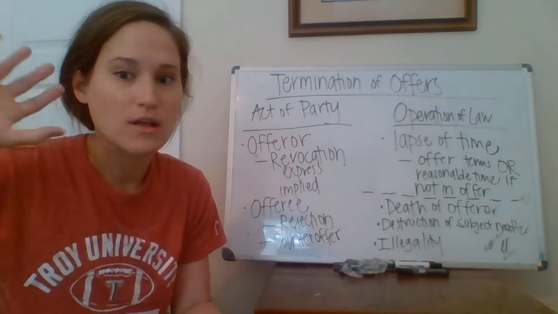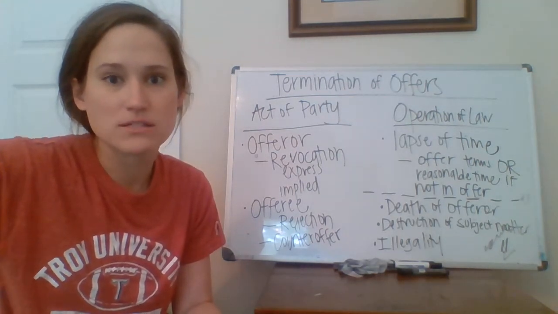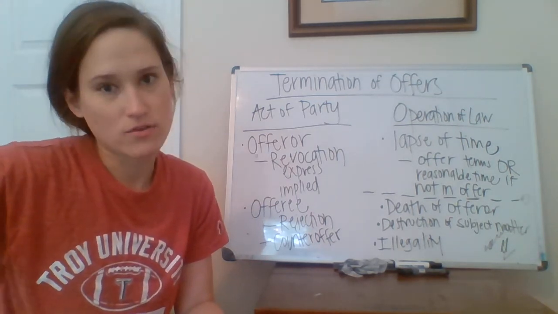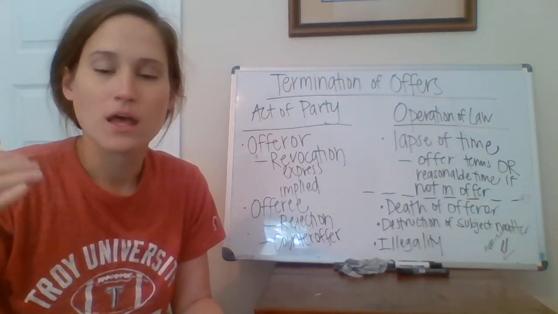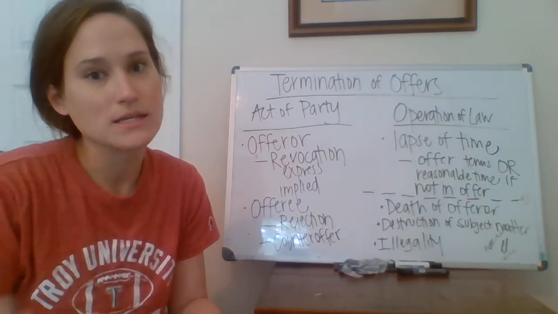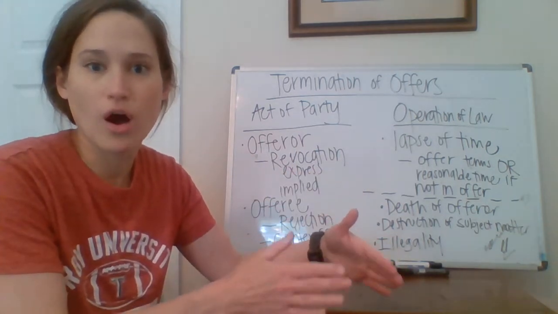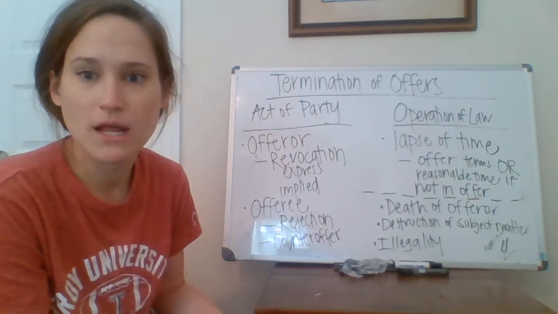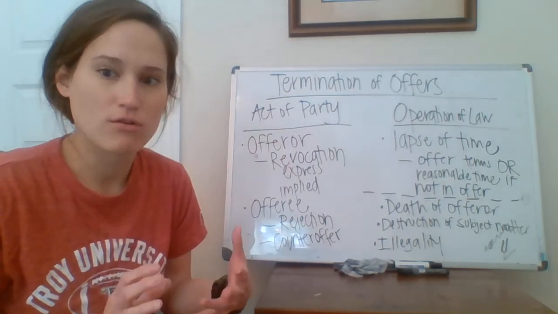We want to see that offer hanging out there, still valid, still an effective offer, and the acceptance has to come while that offer is outstanding. But if something happens to terminate that offer, an acceptance can no longer be made. Any attempt at that point to make an acceptance of the original offer is actually going to be treated as a brand new offer. So in this video, we're going to look at how offers terminate, and that'll bring all of those offer and acceptance rules together for you.